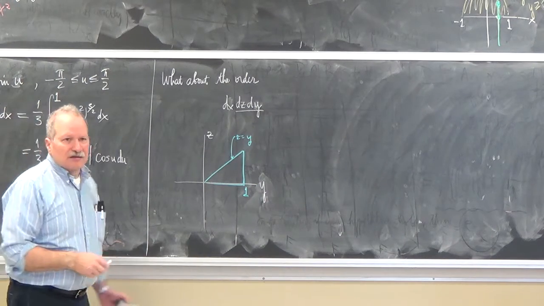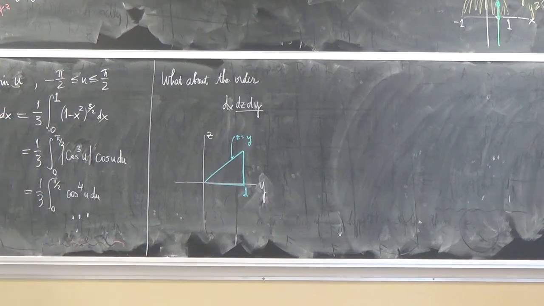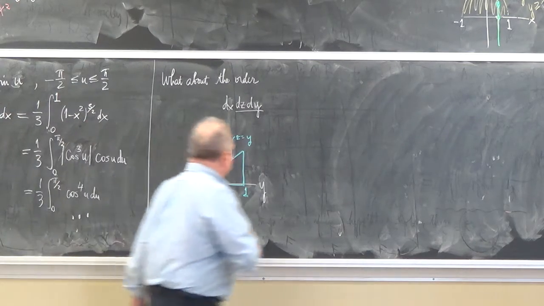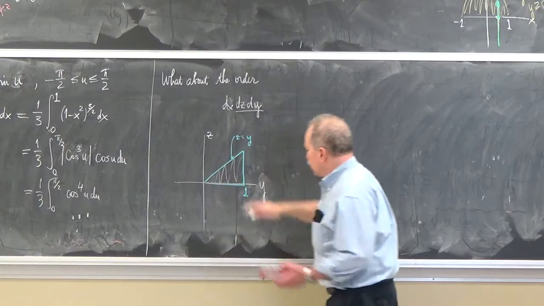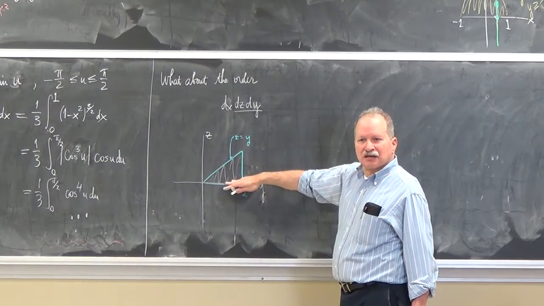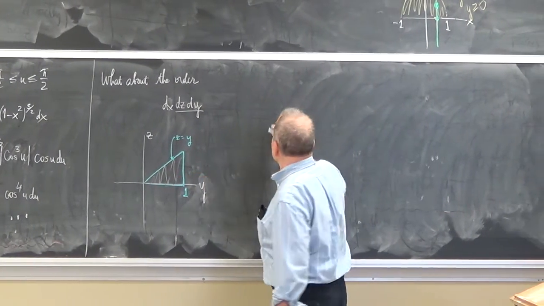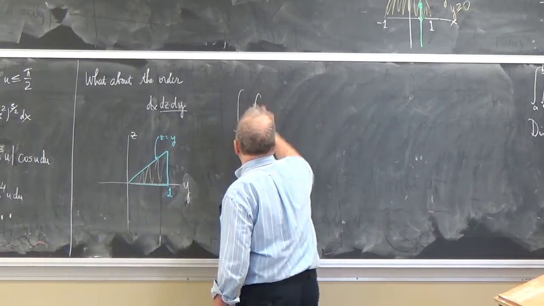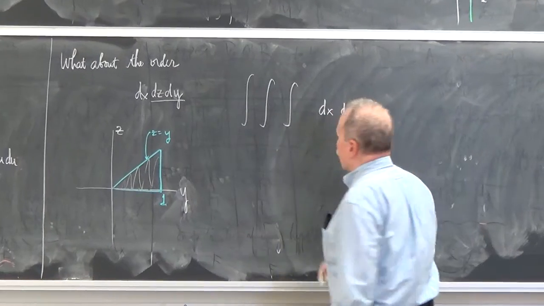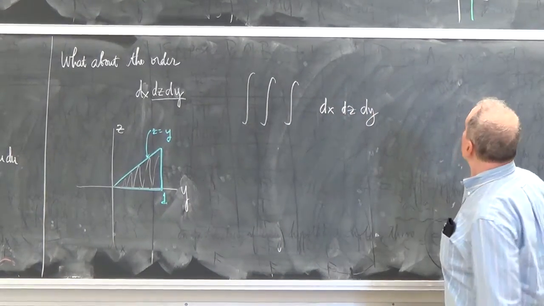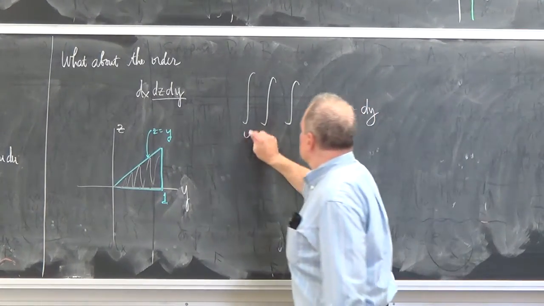What would the xz plane be? Well, we'll get there. I'll do it. All right, so you know how to set up the iterated integral to do this. So y goes from what to what? 0 to 1.